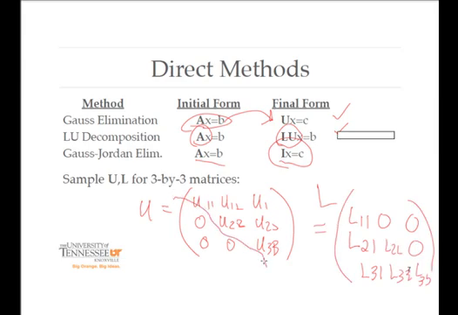So that's what we mean by an upper triangular matrix and a lower triangular matrix. Okay, and again, this is only for a 3 by 3, but I think you get the gist of it, that anything below the diagonal will be assumed to be 0 for the U case, and for the L factor, everything above the diagonal would be assumed to be 0.